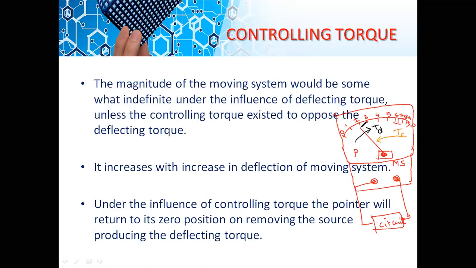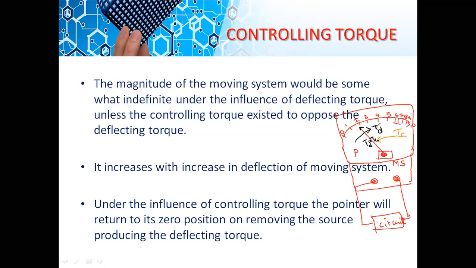Why? Because at this position our deflecting torque is equal to the controlling torque. And this is what is going to happen in the meter. Now more is the deflection torque, more will be the controlling torque, so that the pointer will come to a state of rest showing some value.